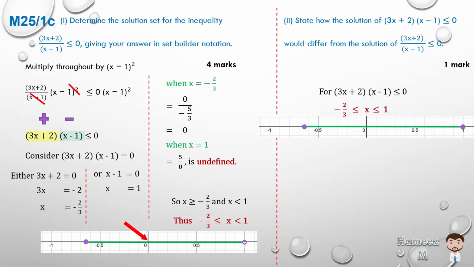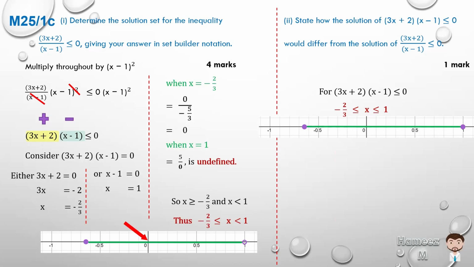So the difference in the results is that when we're looking at the algebraic fractions, we saw that it included minus 2/3, but did not include 1. x was less than 1. When it's a product, what varies is our answer will be minus 2/3 is less than or equal to x, and x is less than or equal to 1, because at 1, it works.